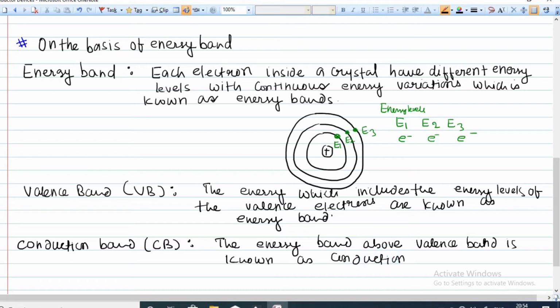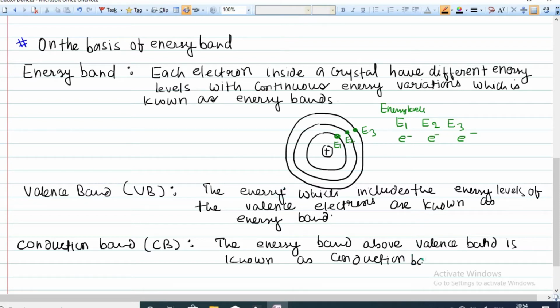So in energy bands, we can classify the energy of the electrons. The electrons present in the valence shell of any element have energy, and the variation of energy of the electrons in the valence shell is known as the valence band. And the energy band above the valence band is known as the conduction band.